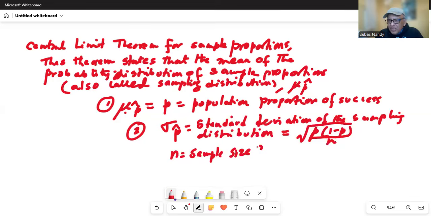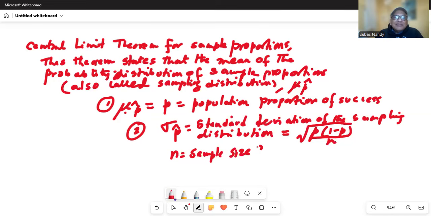So I want to find the population proportion of success, or the population proportion of students who have laptop computers. It can be as high as, say, 0.8, but I do not know for sure. Do I have the time to contact the entire population? No. Then what do I do? I work with much smaller samples. Okay. Remember, n is your sample size.